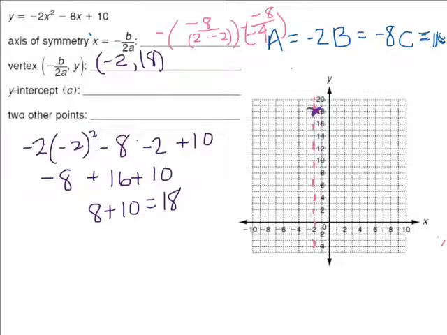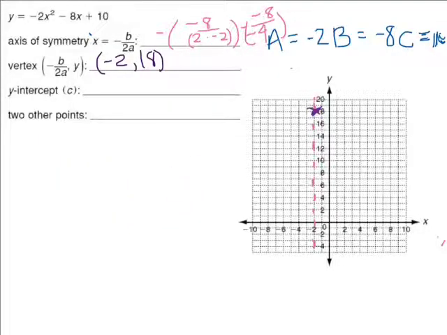That's the first point we can do. Second point is the y-intercept. Y-intercept, we know x is 0, and we're going to use the c, so it's 0, 10. We're going to put a dot at 0, 10, right there, bam.